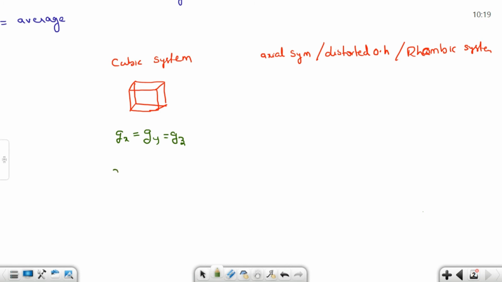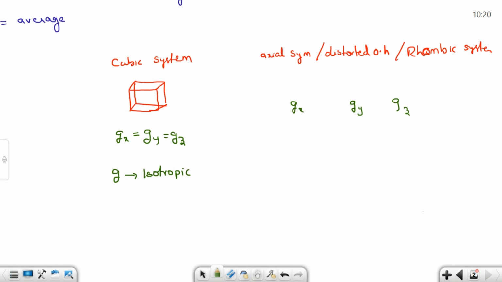That's why G is said to be isotropic in the case of a perfect cubic system. When you come to an axially symmetrical molecule, distorted octahedral molecule, or rhombic system, G is not equal in all directions.